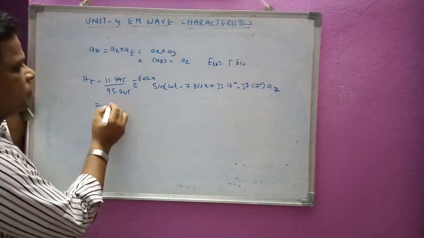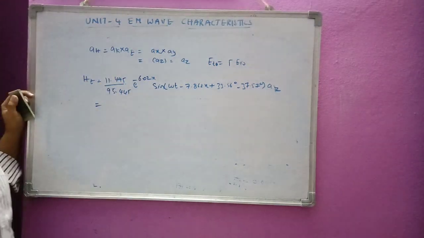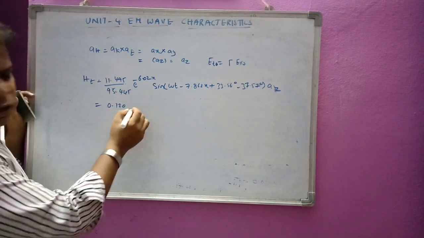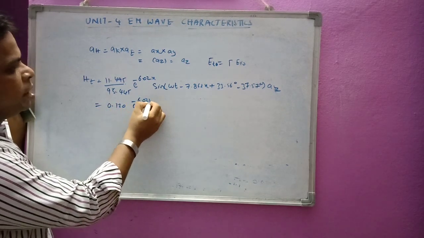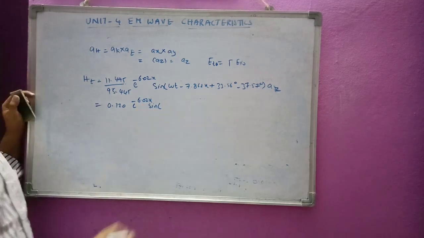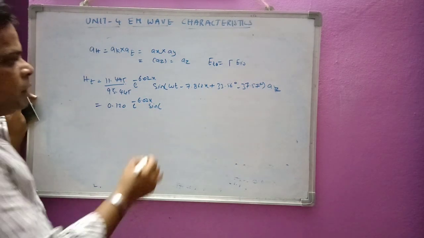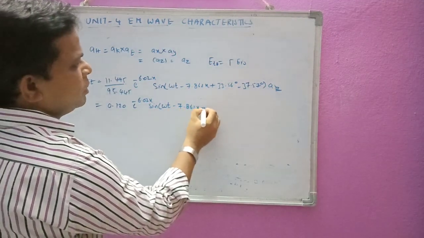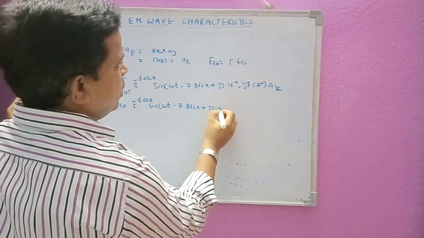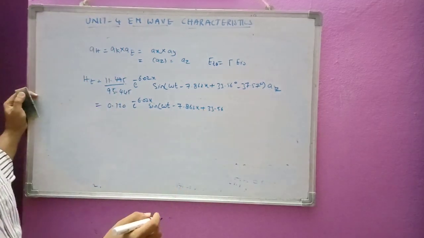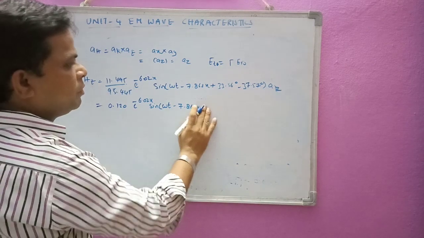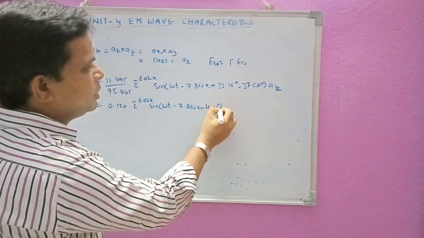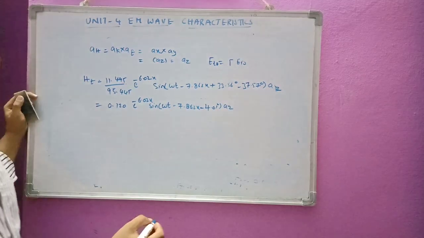So now after calculating this value we get 0.120 e power minus 6.02 x sin of omega t minus 7.862 x, 33.56, and after calculating this it will be equivalent to minus 4.01 degrees into a_z amperes per meter.